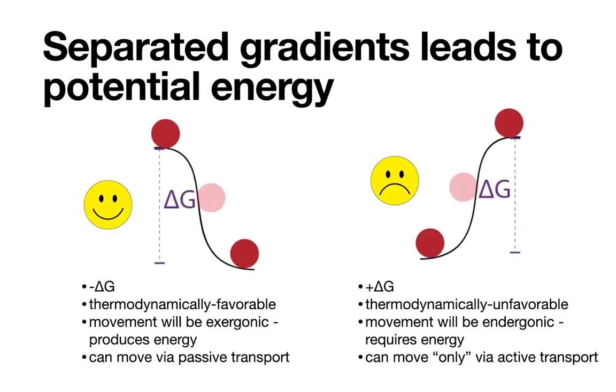If a molecule is moving along its electrochemical gradient, we say that's energetically favorable, and it's not going to require energy. In fact, we'll get energy. But if the molecule is moving against its electrochemical gradient, we're going to have to put in some energy in order to get the molecule across.